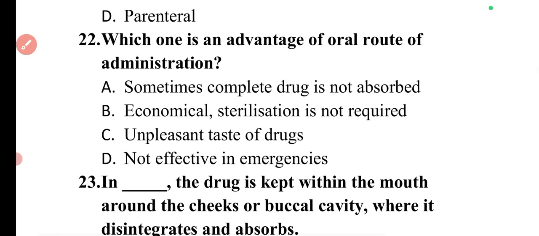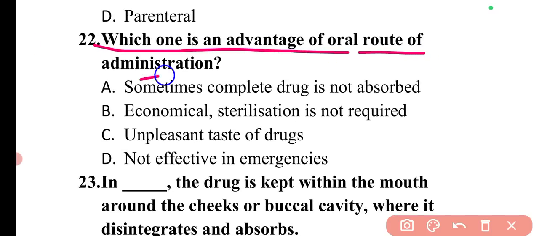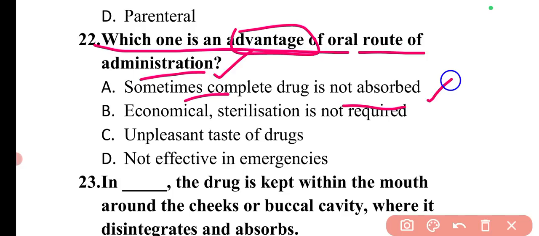Next question is which one is an example of oral route of administration? So, advantage of oral route of administration. Sometimes complete drug is not absorbed, so this is not an advantage. Economical, sterilization is not required.